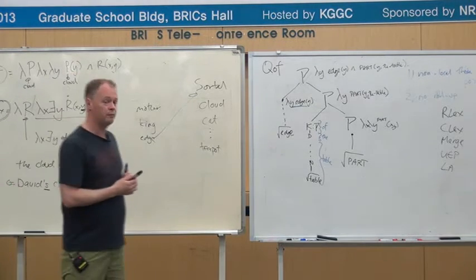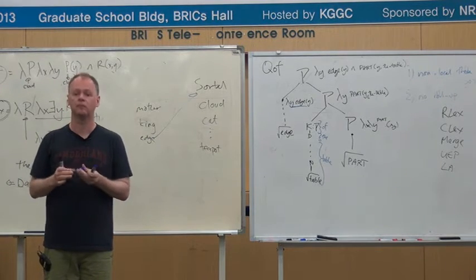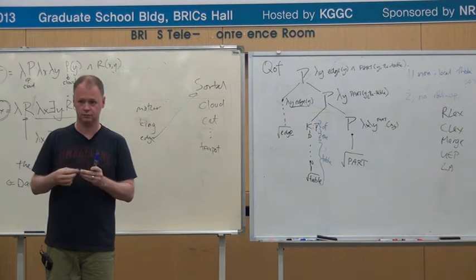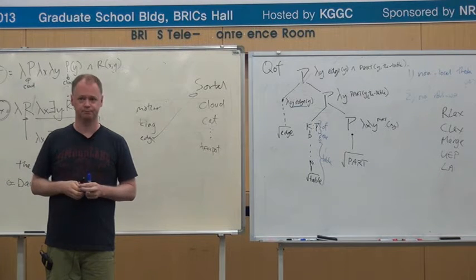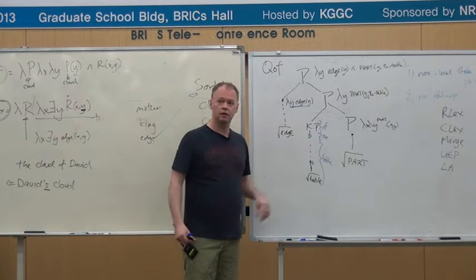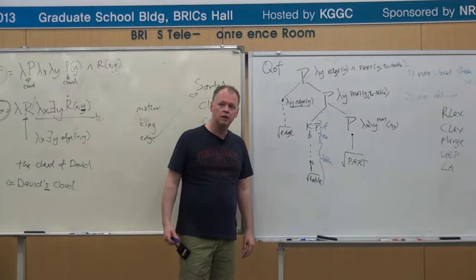Excuse me, in your system, the preposition of doesn't have any meaning. And the uniqueness, where does the meaning of uniqueness come from?